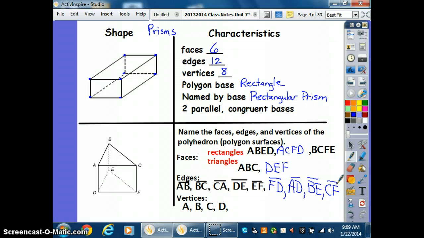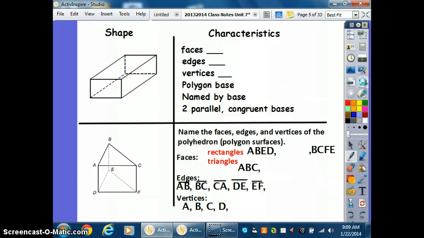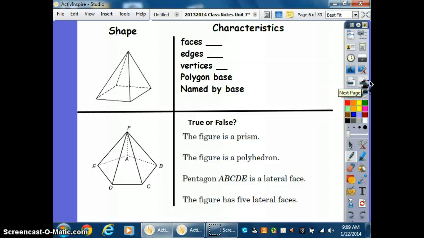Okay, the vertices, where the 3 segments meet. You can see there are 6 of them. They're labeled A, B, C, D, E, F. All right. Next page. Let's talk about pyramids.